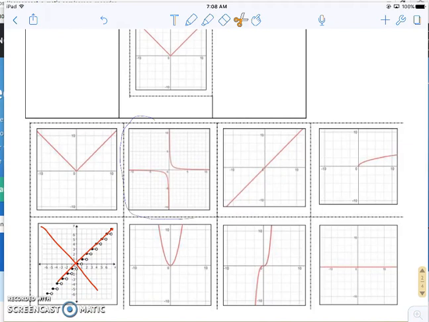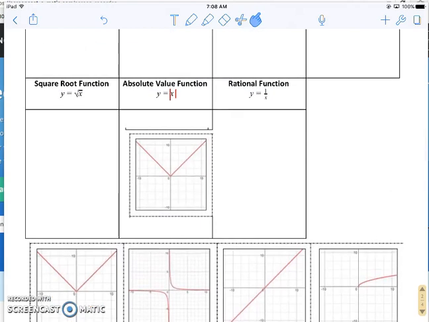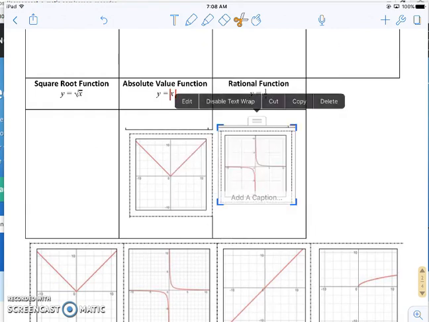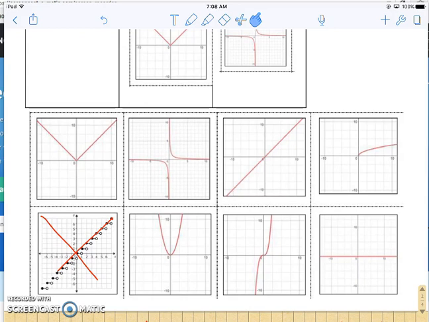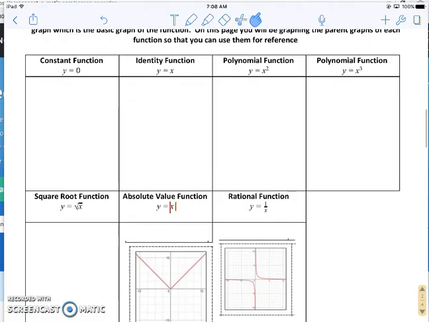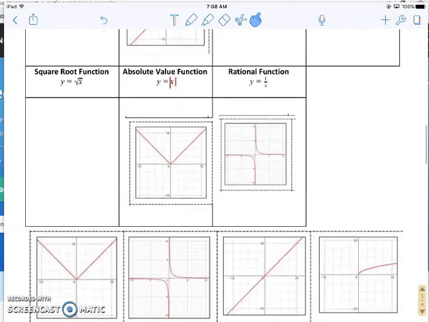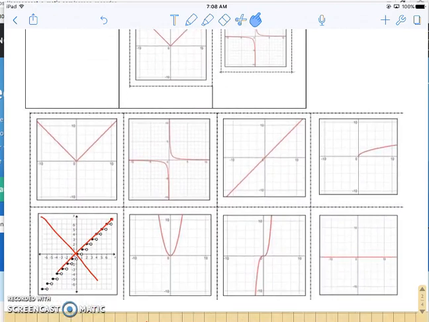Well, I know this one has some asymptotes, so that's got to be 1 over x. Let's see. This is the line y equals x. What else do we have down here? This next one, this is the square root of x.